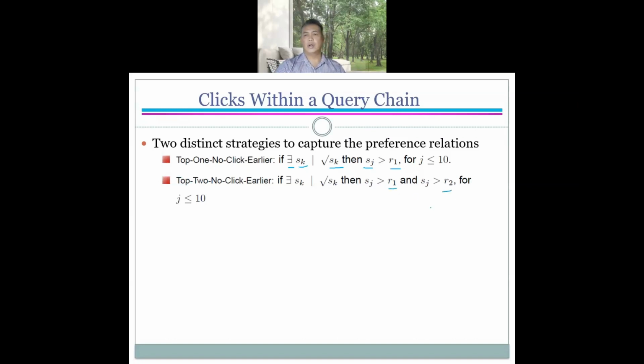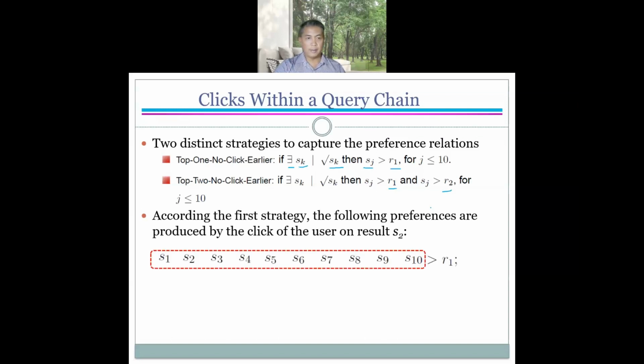If we have this situation here, this is your second result. So S1 is more important than R1, S2 is more important than R1, and so on. So all of these are with regard to R1.